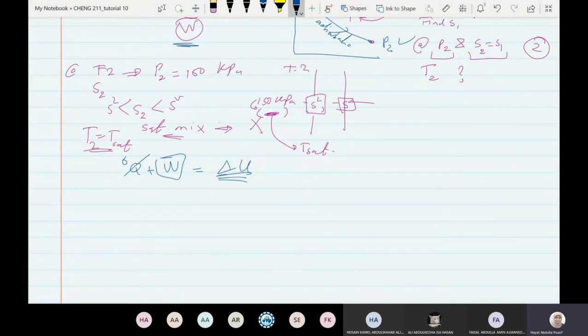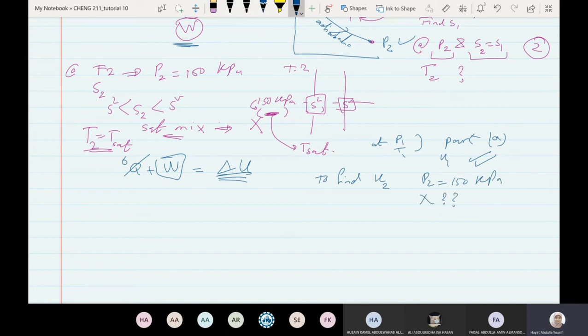So the idea is how to get delta U. At P1 and T1, we already said from part A that U1 can be calculated. But to find U2, I do have P2, which is equal to 150 kilopascal, but I need to know how much the quality is to solve.